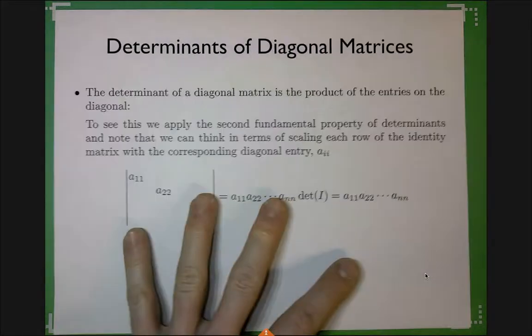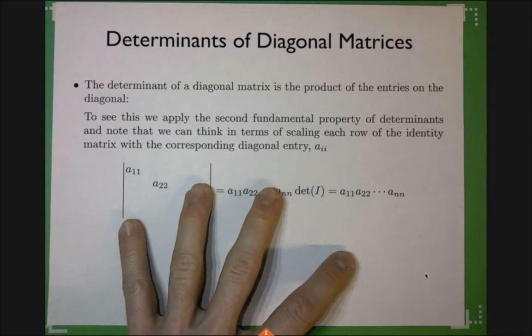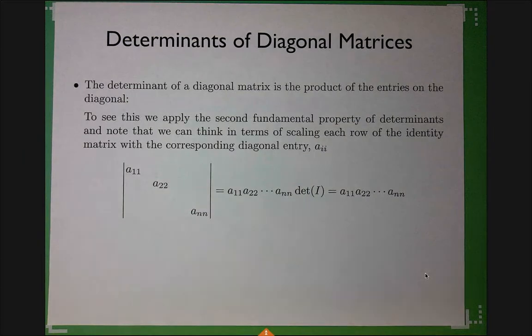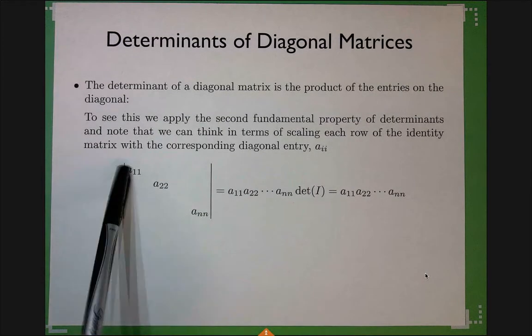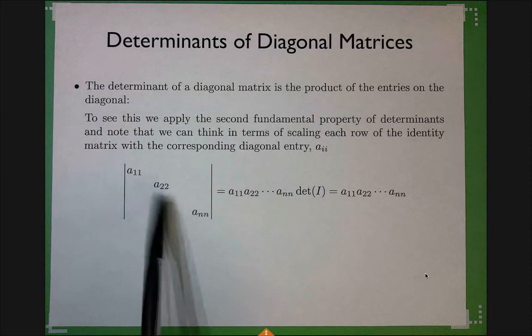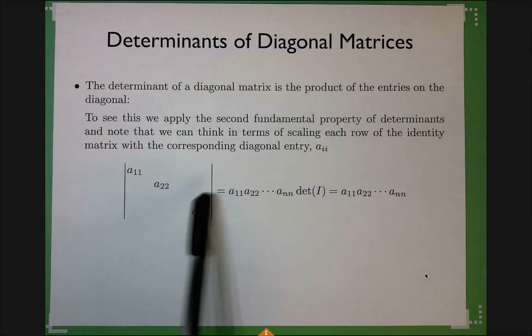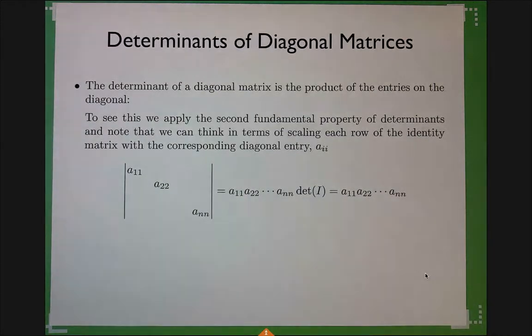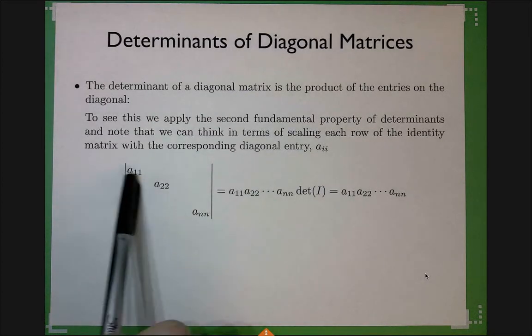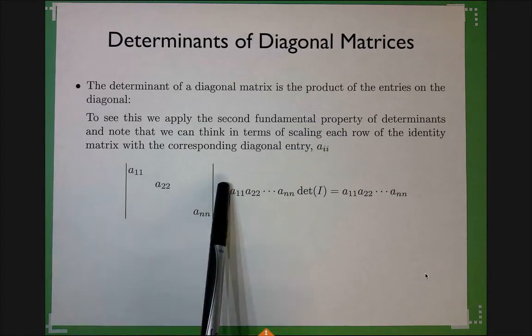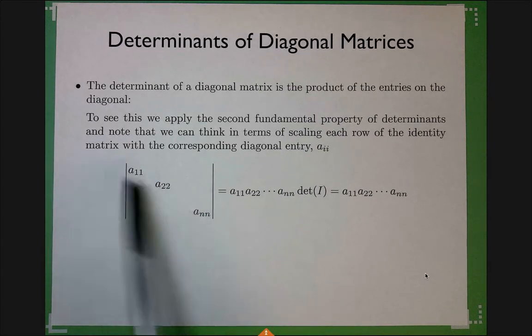Another simple case where I can compute a determinant easily is the case of a diagonal matrix. A diagonal matrix looks like this, and you can probably tell me immediately what the determinant of a diagonal matrix is, even without looking at this. There is the third property, the linearity, which says that every row is linear.